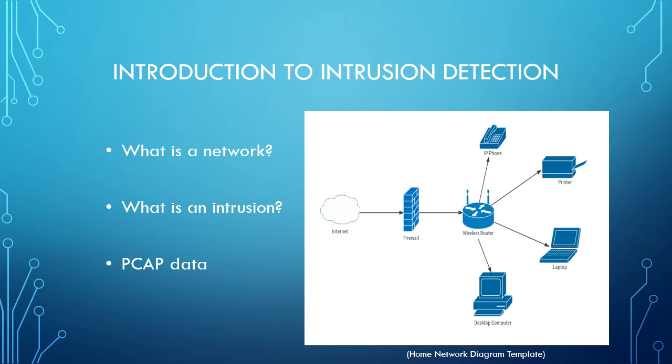During an attack, these PCAP files will look different, and they will act differently, and they'll come in different forms. Either there'll be higher quantities of PCAP files from certain devices to other devices. So our goal is to input this PCAP file information into a neural network and determine whether or not an intrusion is occurring on a network.